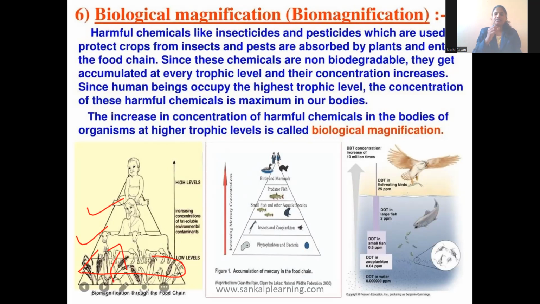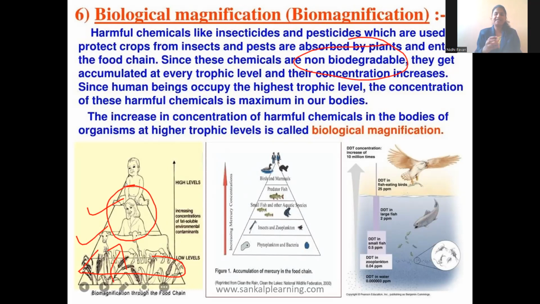So in the cow, the concentration of insecticides and pesticides increased. Why? Because these are non-biodegradable substances. And once we drink the cow's milk, our body will get the pesticides and insecticides in a higher concentration compared to the cow. And the mother will feed the baby with the milk.